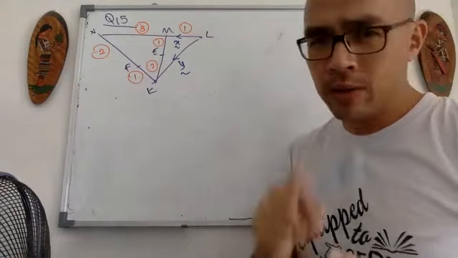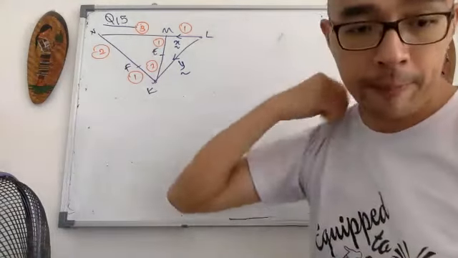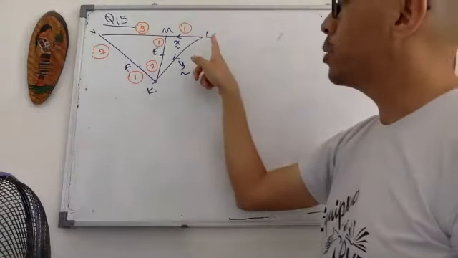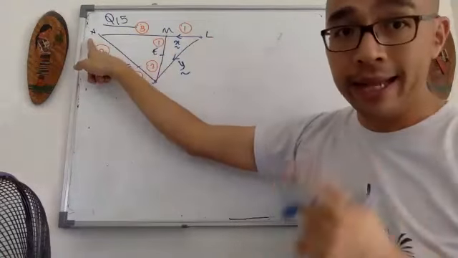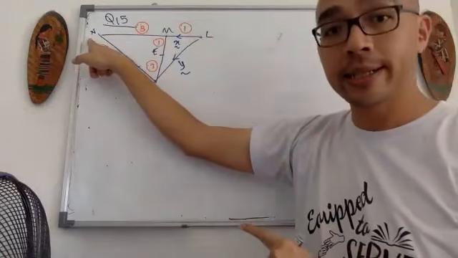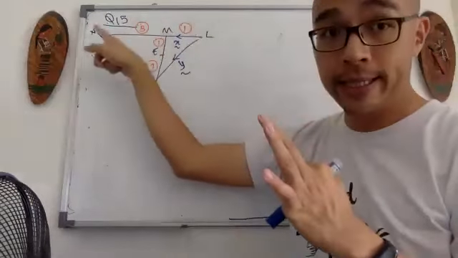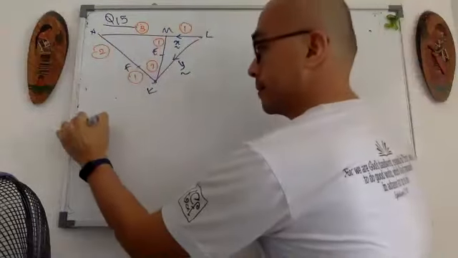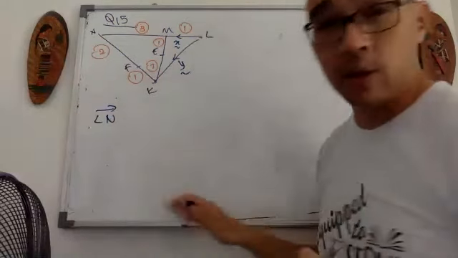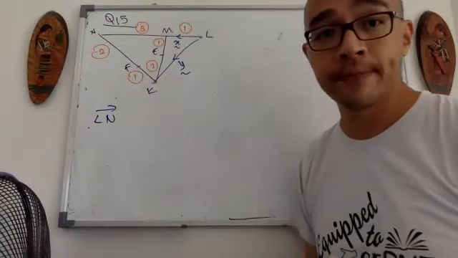Now, I want to stop here before we go into this one. I want you to tell me what is L to N. If LM is vector X, and I know that this is one part and this is 3 parts, what is vector LN? Because mau tidak mau, we're definitely going to use this vector.